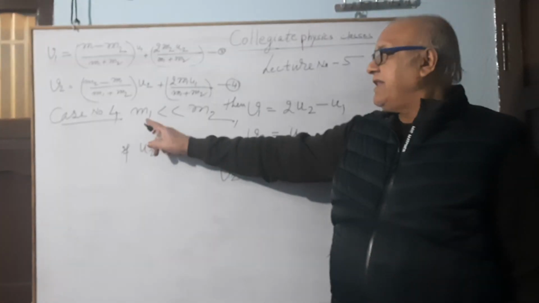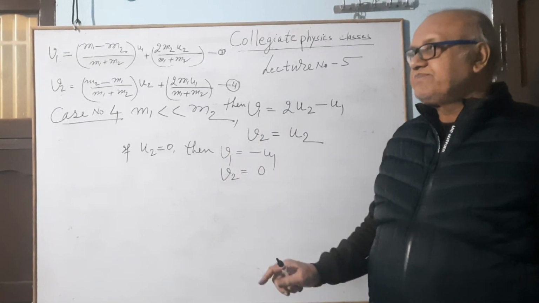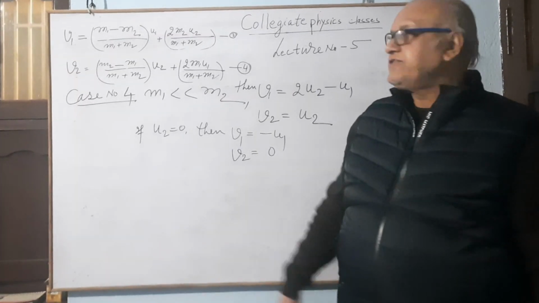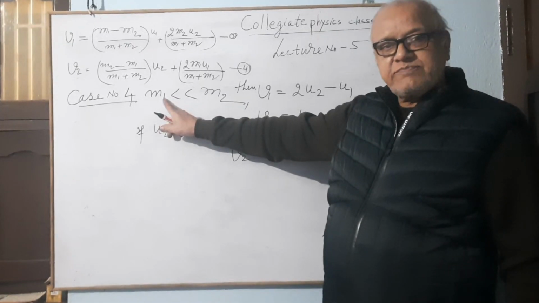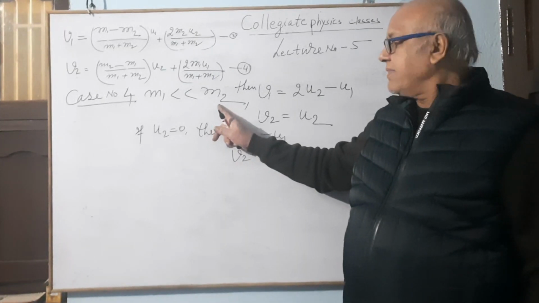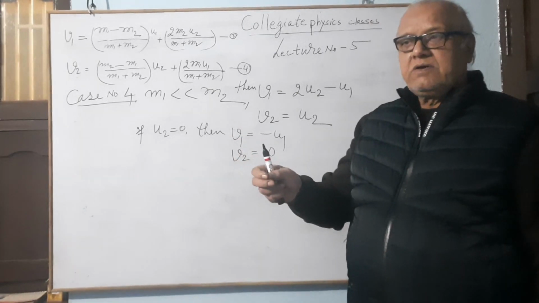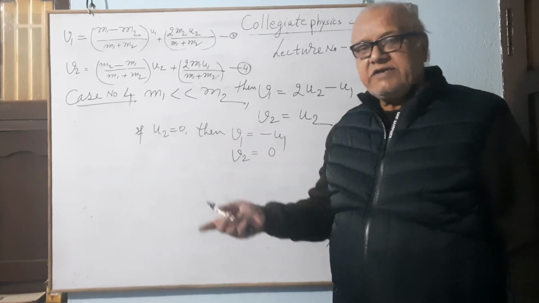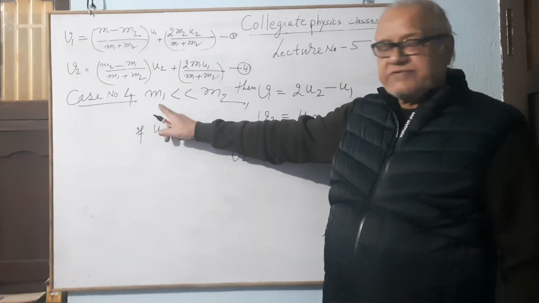m1 is less than m2. That is, the lighter body. The last case is case number 4, in which m1 is very small and m2 is very large. That is, the first body which is going to strike the second body is of lighter mass.